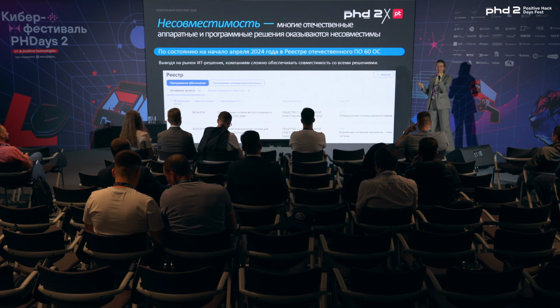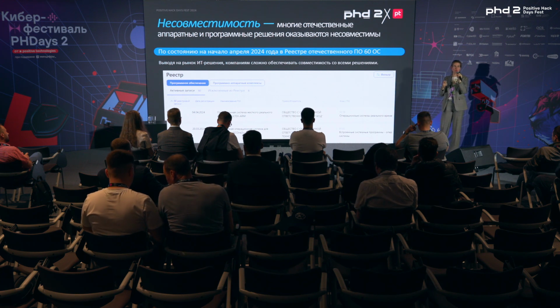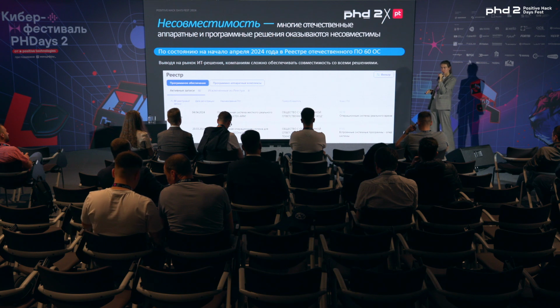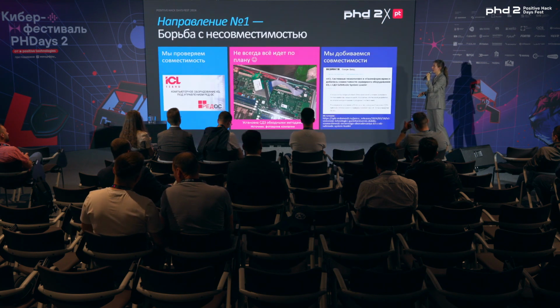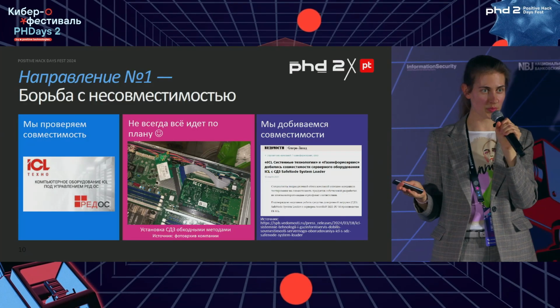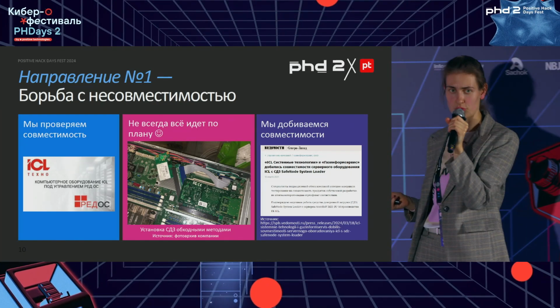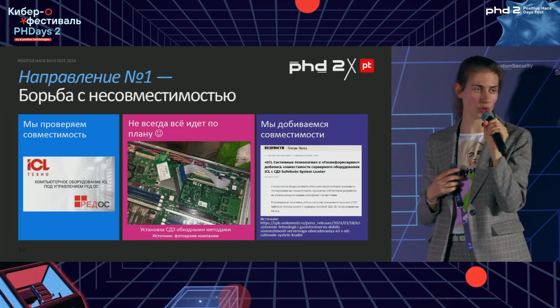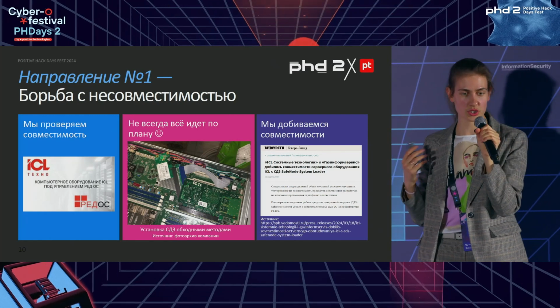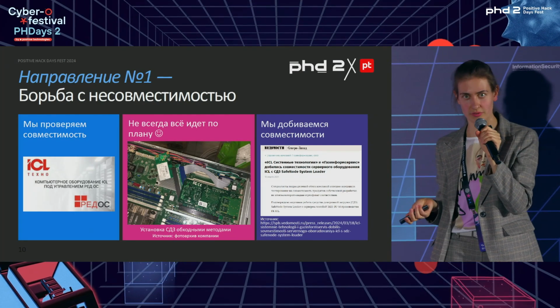They probably work with 10 of them, but in the market we have 60. And with other classes of software, the picture is similar. That's why area number one with PACs is the fight against incompatibility.